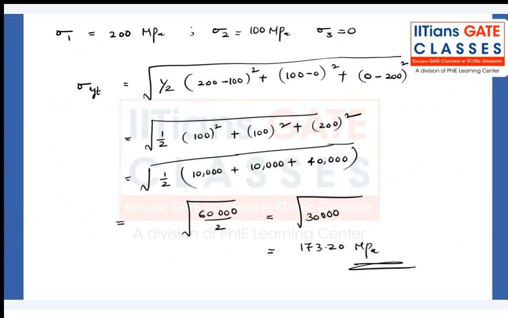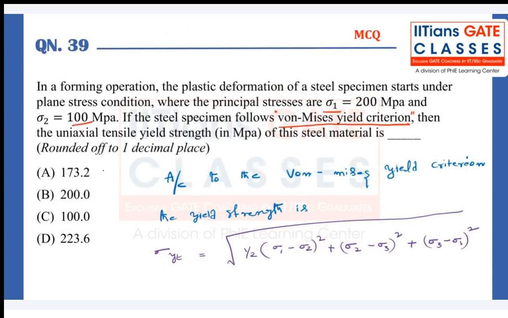All right, now your answer is A. So for solving this question, you need to know the von Mises yield criterion. Hope you understand, guys. Now let us go for another question.